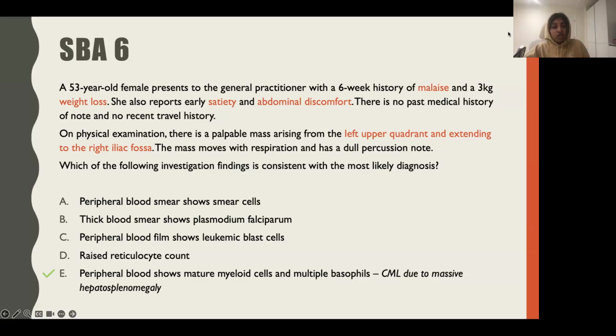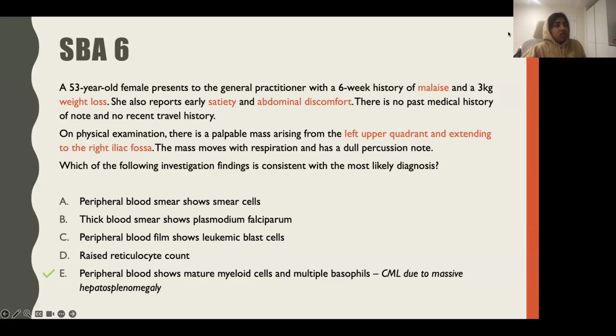The difference between chronic and acute is that acute will show you blast cells, which are the immature cells, whereas chronic will show you mature myeloid cells, essentially, because you have more time to mature. So that's why it's E and not C.